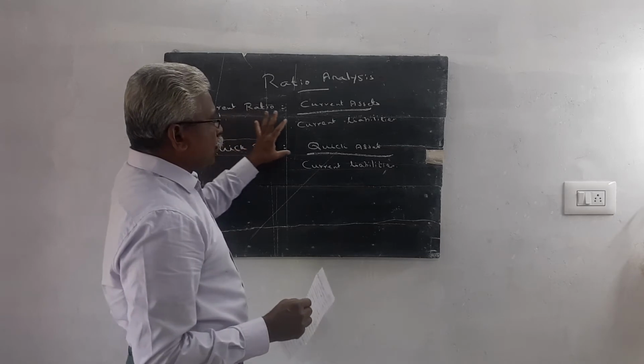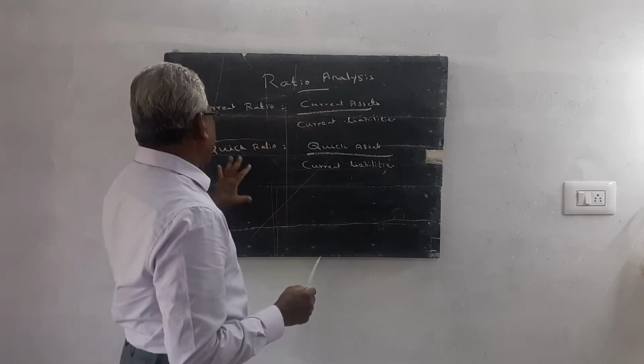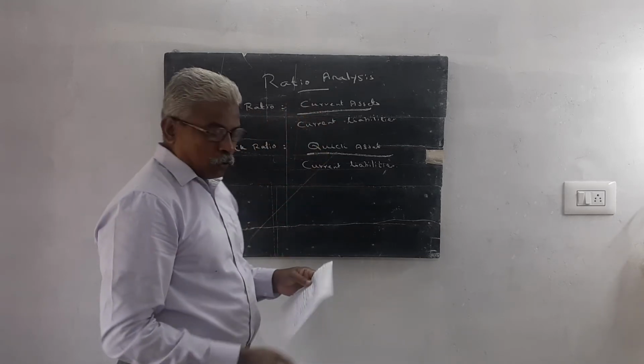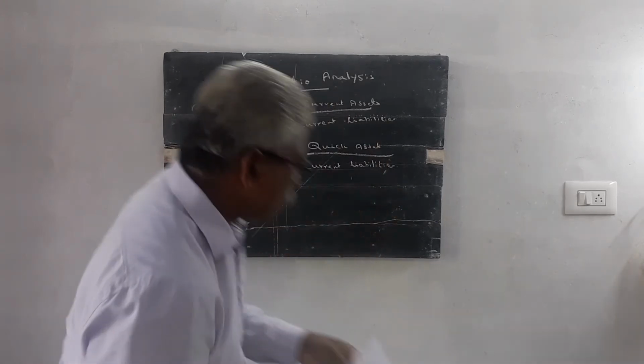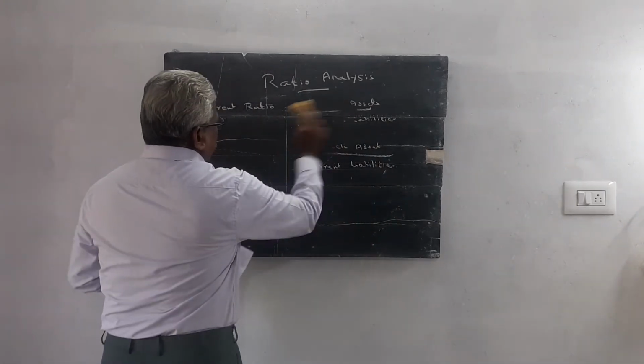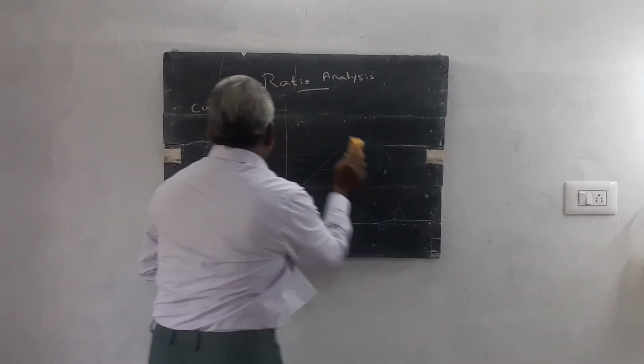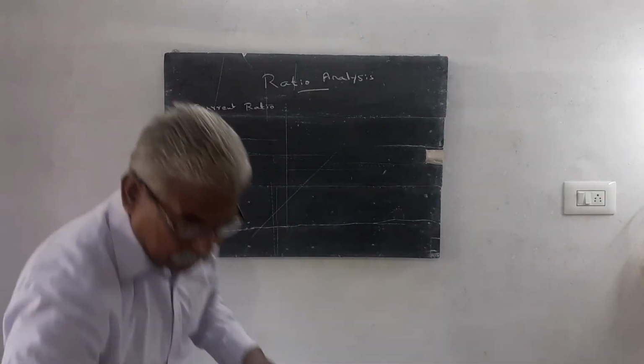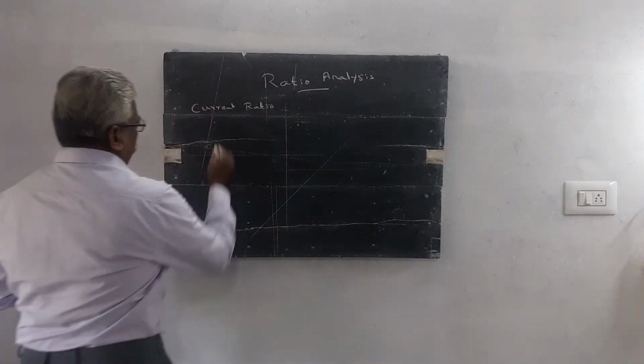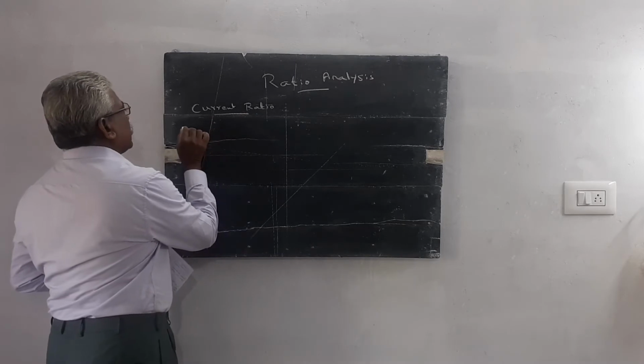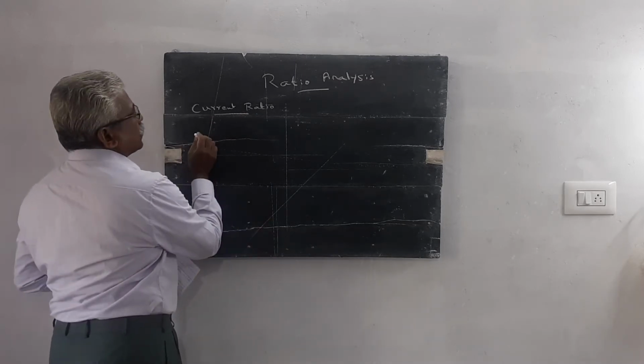Anyway, I want to give two questions today. Question number one: calculate current ratio. The current assets as well as current liabilities are given in the question.